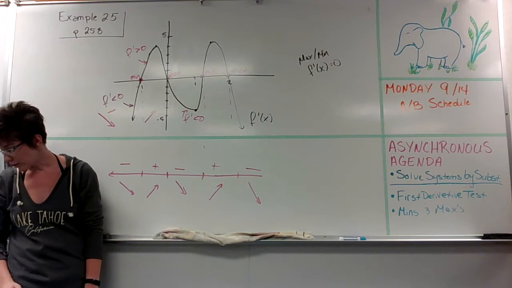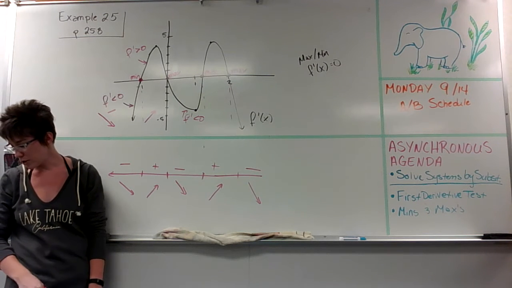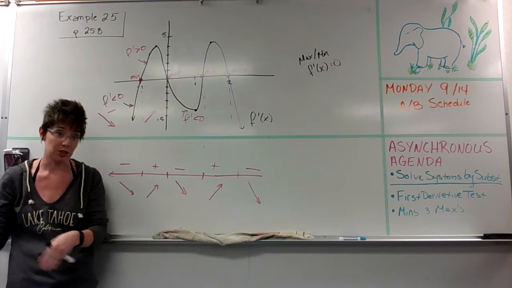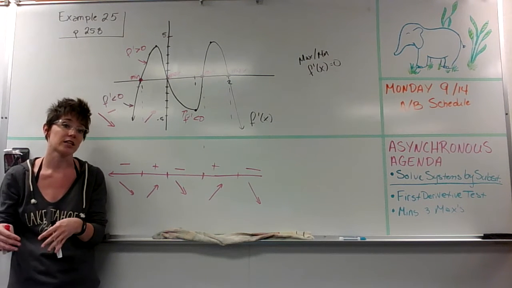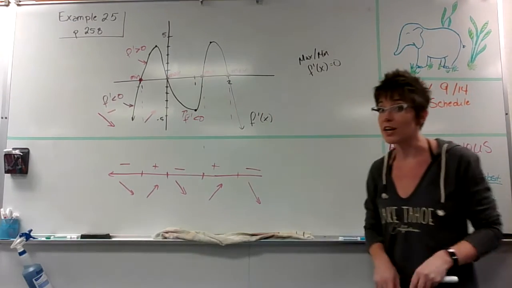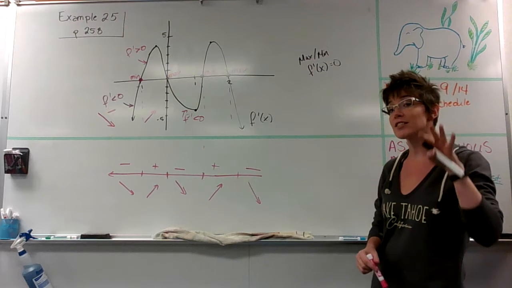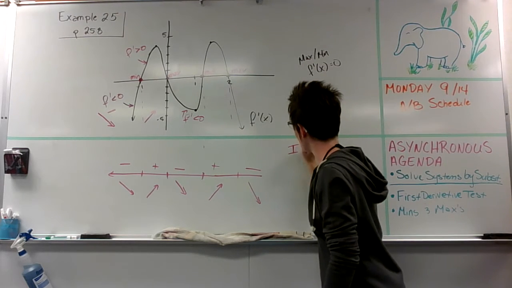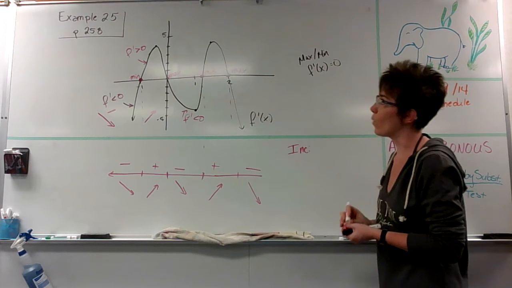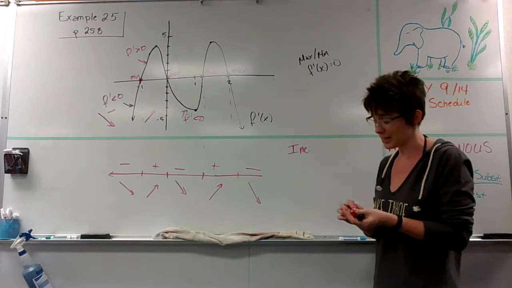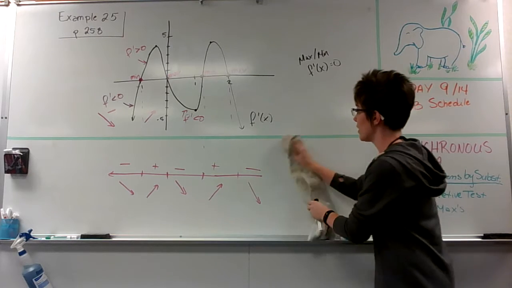Okay, next question. Determine intervals where the original function is increasing and where the original function is decreasing. So anytime the original function is increasing, that means the slopes are positive. So let's take a look at where that's happening. When are the slopes positive? Well, friends, it's any time that the slopes themselves are positive, and I'm going to switch colors here.